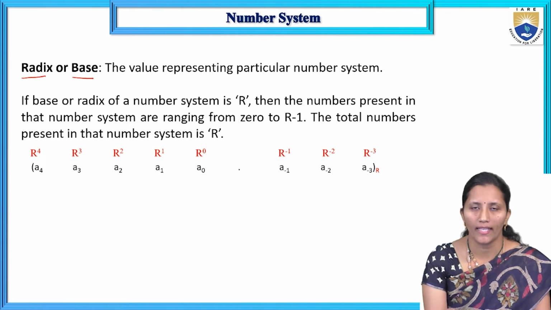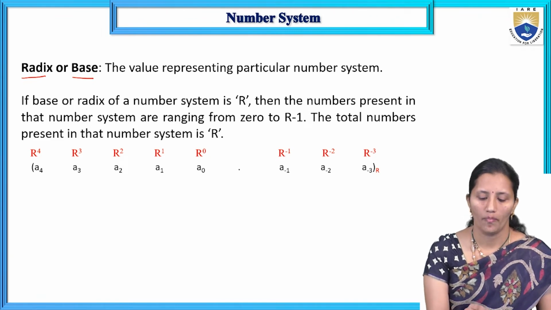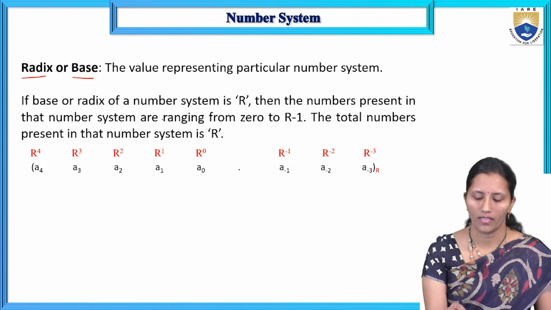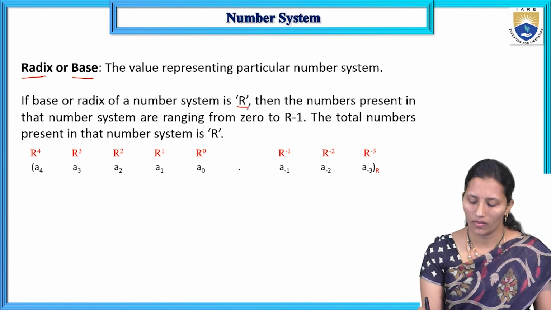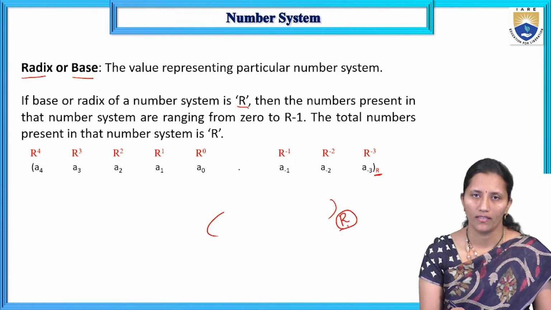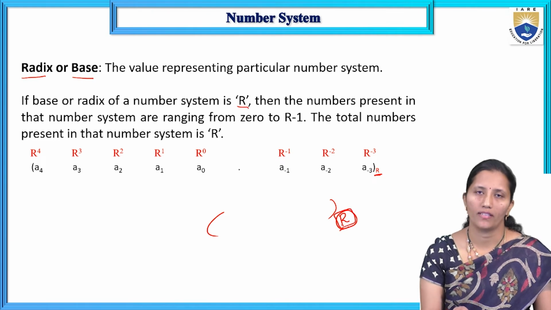These are the radix numbers. By seeing them, we can tell which number system the number belongs to. If the base or radix of a number system is represented by R, then R represents the radix or base.